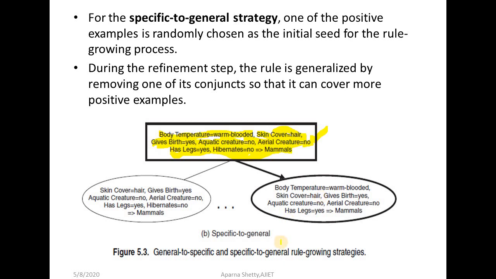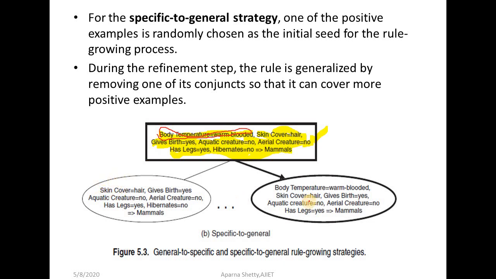So in specific to general, in the next step you will refine the rule in such a way that you will remove one conjunct. For example, over here they have removed the conjunct body temperature is equal to warm blooded. This one conjunct they have removed.